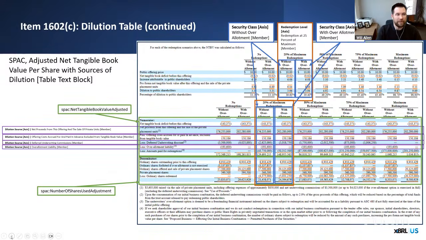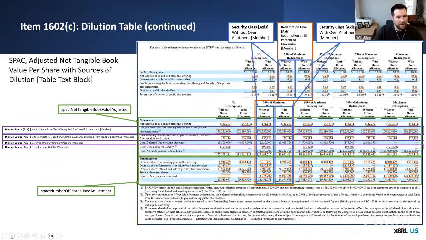And each one has a no redemption all the way through a 100% redemption. So each one would have 5 different levels of dimension on just the redemption level. And then you have the securities axis, which breaks out within each dimension level, whether it's without overallotment or with overallotment. And you can see how those, if you look at the top table or the bottom table, are the same across the board with both of those tables.